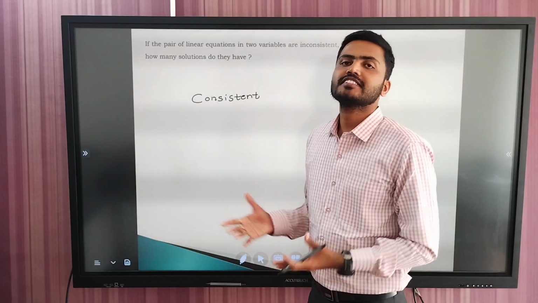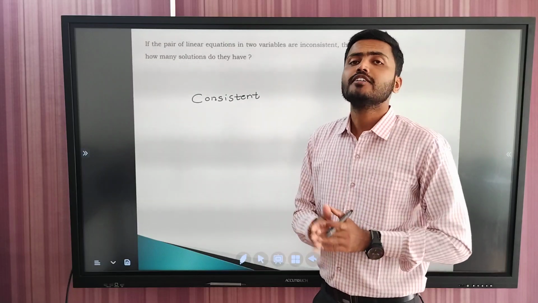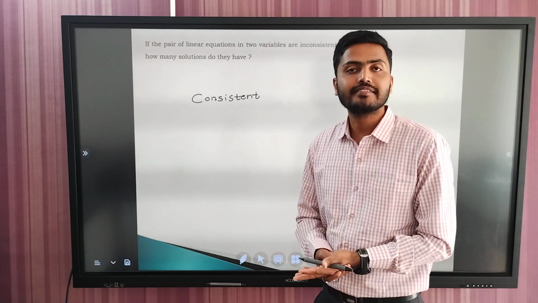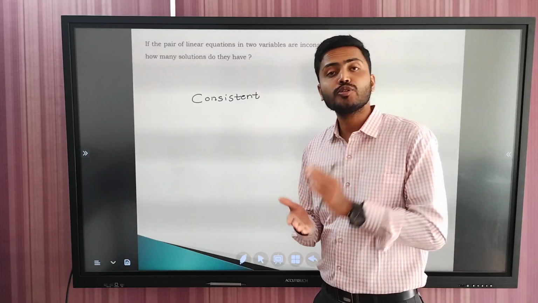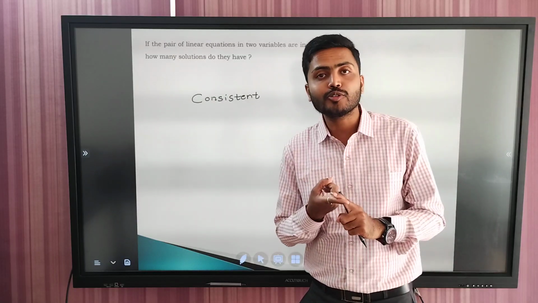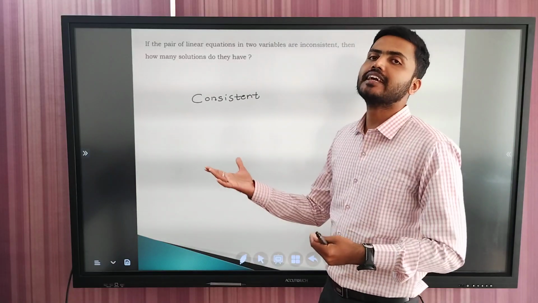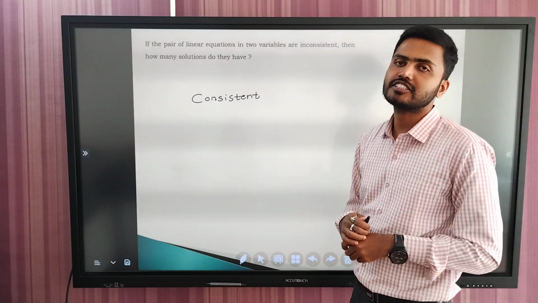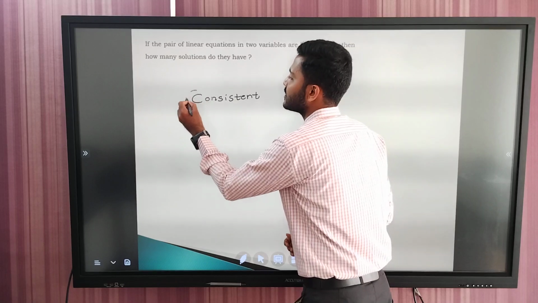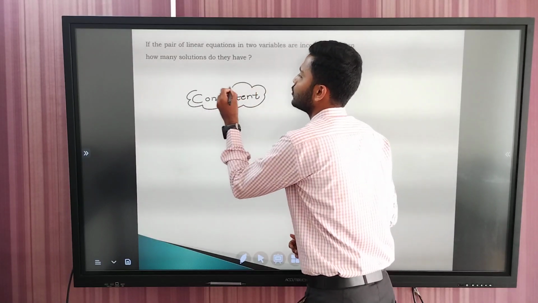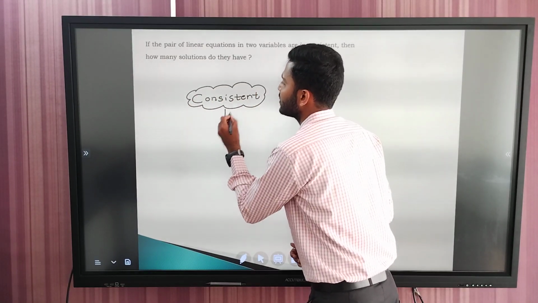So the answer to this question is really very simple. Whenever a pair of linear equations has a solution, it can be a unique solution or infinitely many solutions, then we can say that the pair of linear equations is going to be consistent. Okay, so let me write down the answer for this.